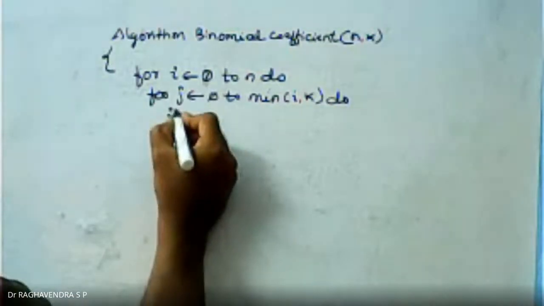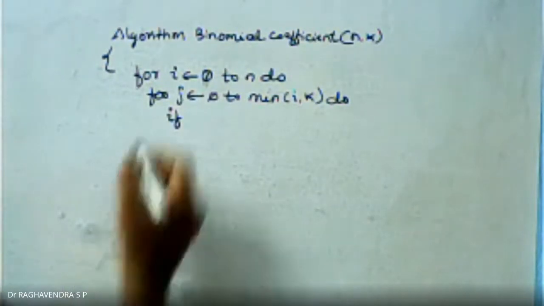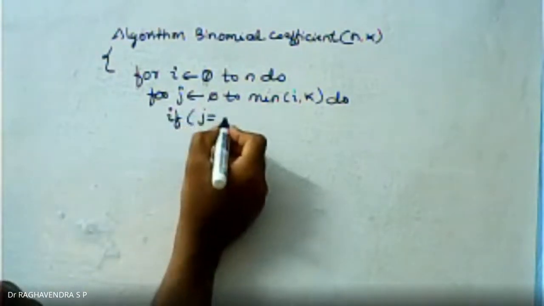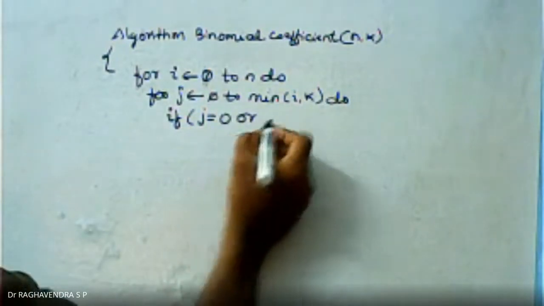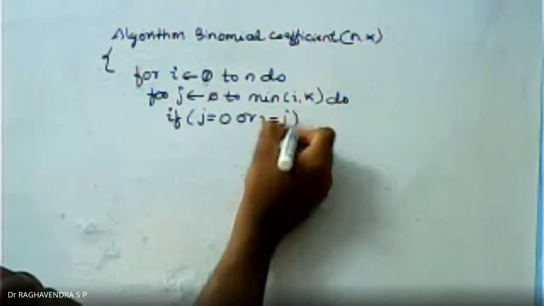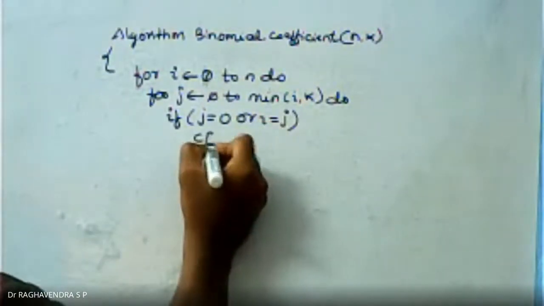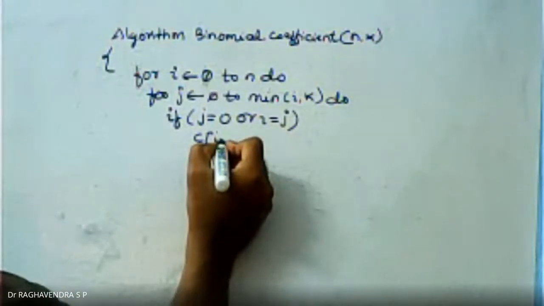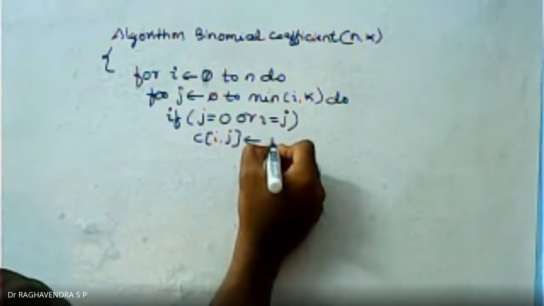If j equals 0 or i equals j, c of i comma j equals 1.